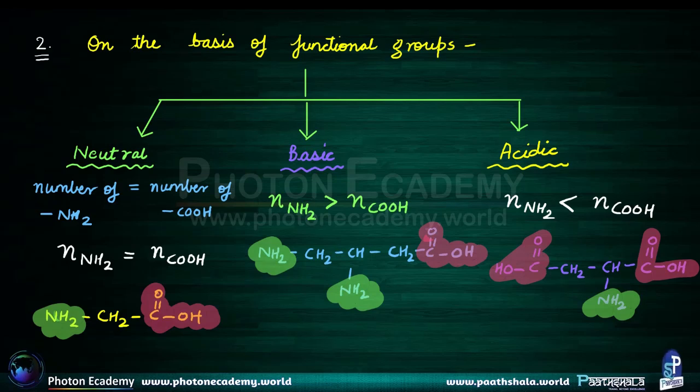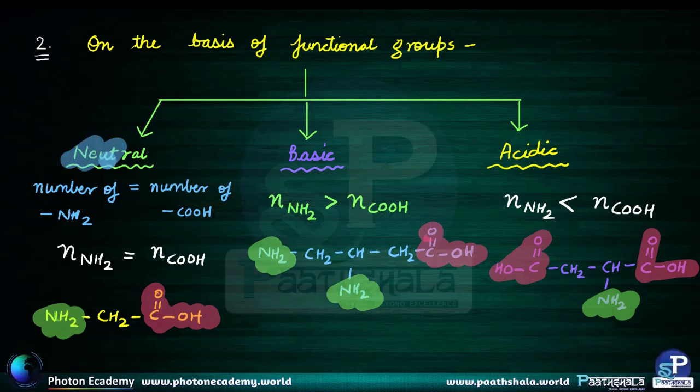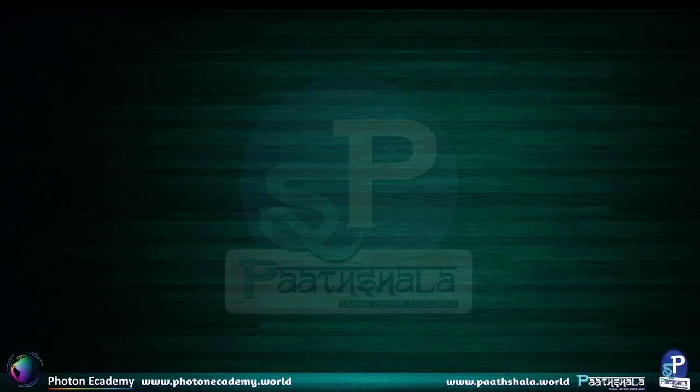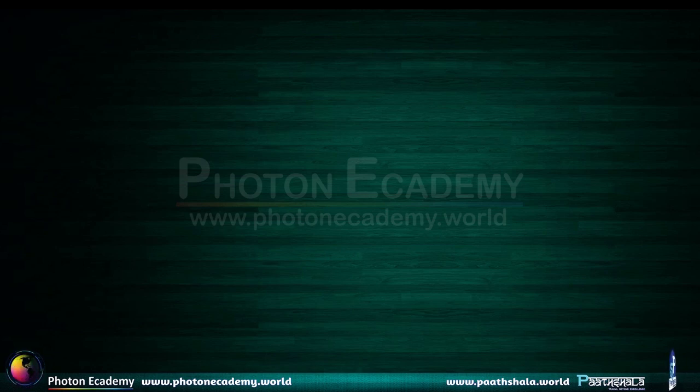So we have done three categories. One is the neutral, the second one is the basic, and the third one is of course the acidic. And this is all on the basis of functional groups. Now, seeing that the amino acid is very much dependent on its two functional groups, we can say that the properties of amino acids are because of both the NH2 and the COOH group.